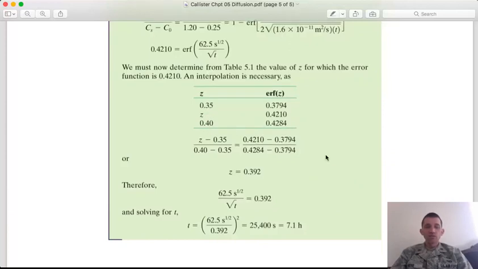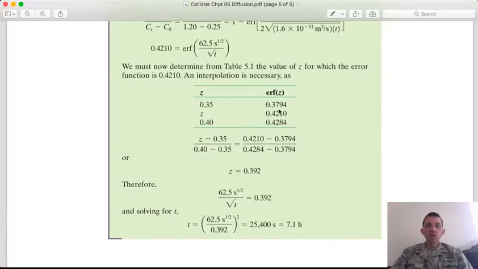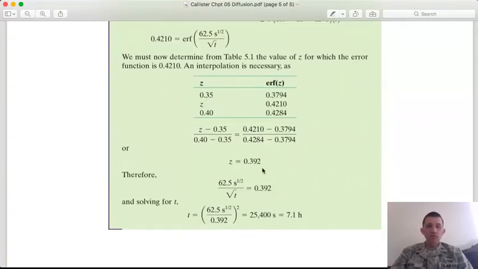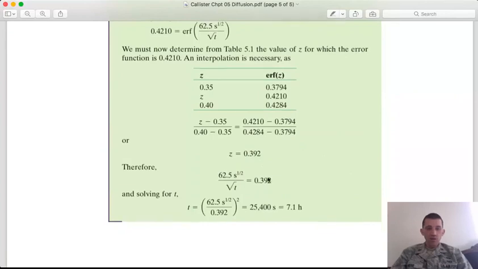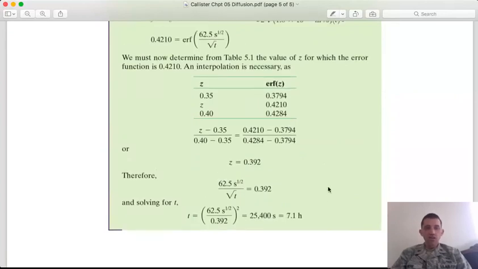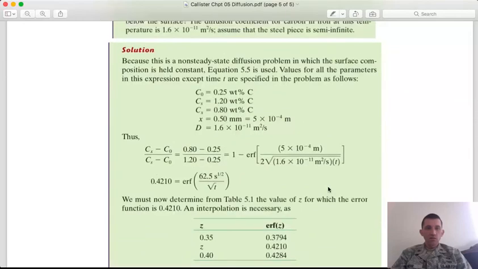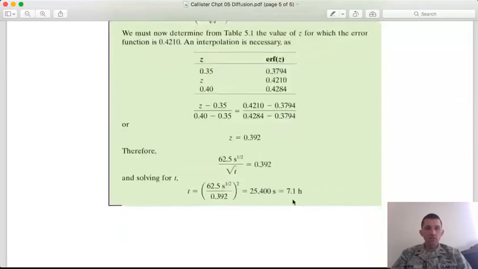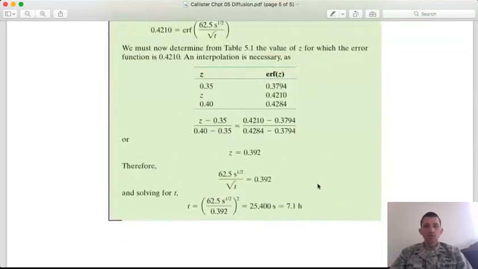And here it's just a matter of interpolating, where we say, if this number here is a certain percentage up from this lower bound or down from this upper bound, then the z here must be the same percentage relative to those bounds. We can figure out through interpolation what that z value must be, and then it's just a matter of solving for t. And so we see here that the carburization in this problem will require 7.1 hours to complete.